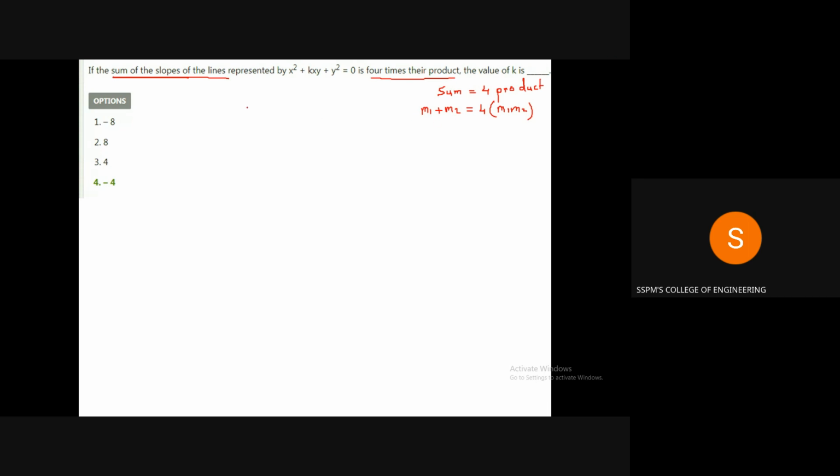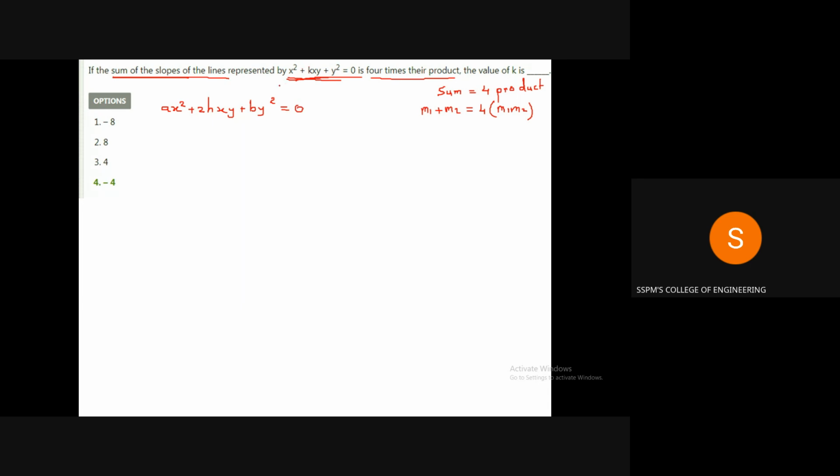Now in order to solve this, we have to compare this equation with standard form. Now what is the standard form? It is given by ax square plus 2hxy plus by square is equal to 0. Okay, this is the standard form.